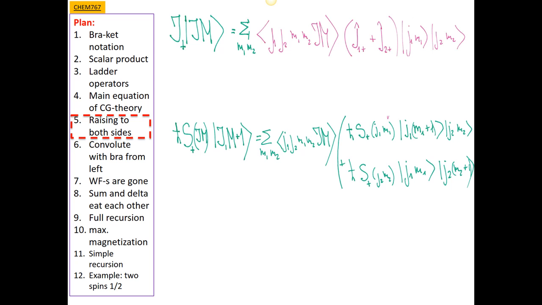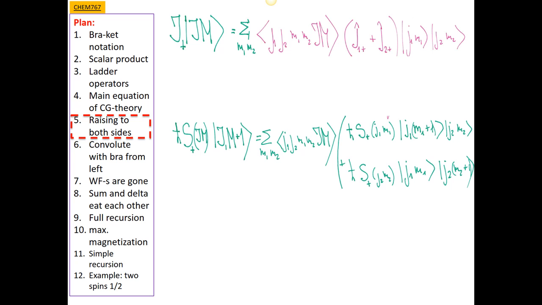Yeah. Please. Is S plus a function of J, M acting on J, M plus 1? No. The indices come from the original wave function on which we act.